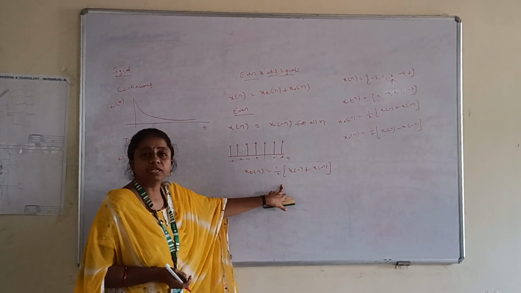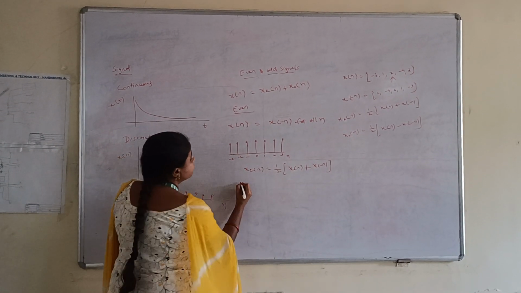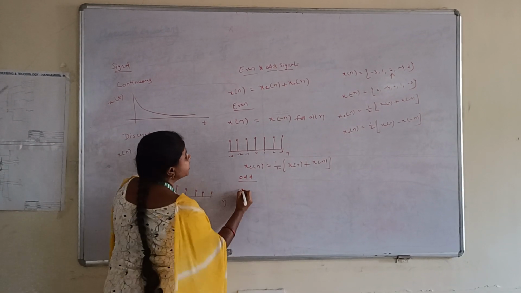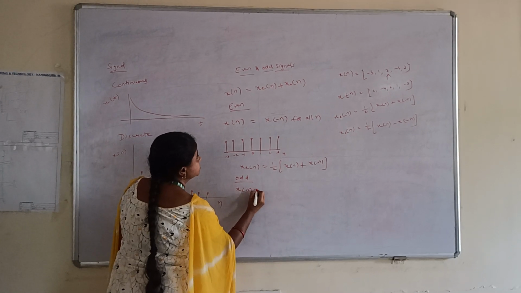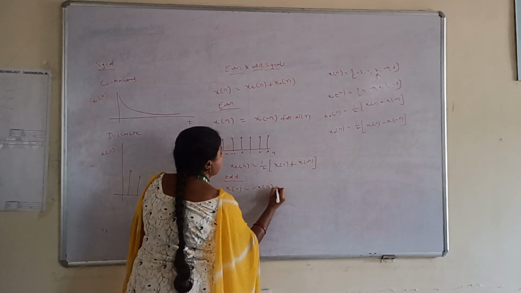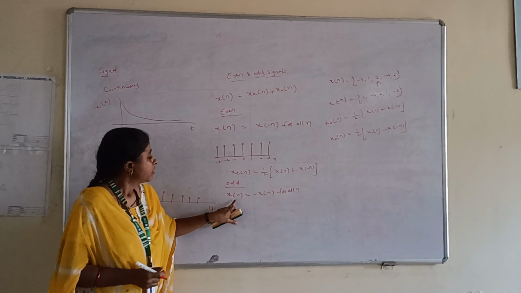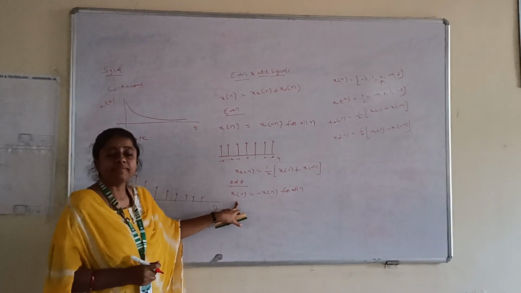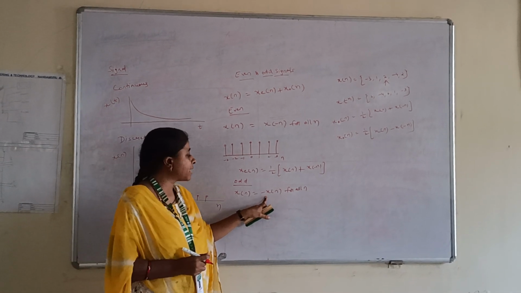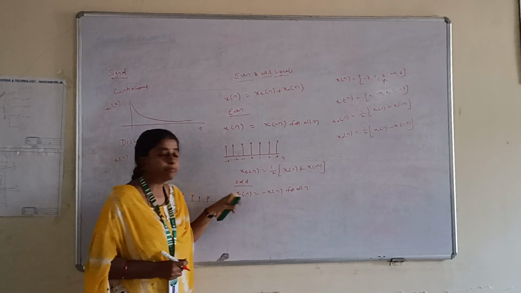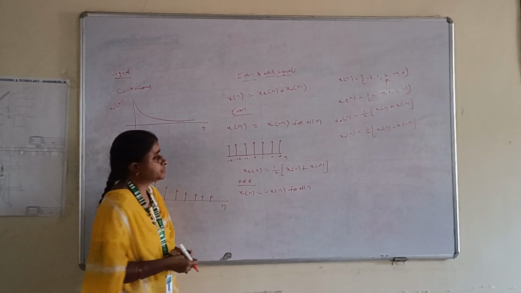That is the expression for the even signal. Now if you talk about the odd signal, how do we define an odd signal? If it satisfies the condition x of n equal to minus x of minus n for all n, we can say that it is an odd signal.